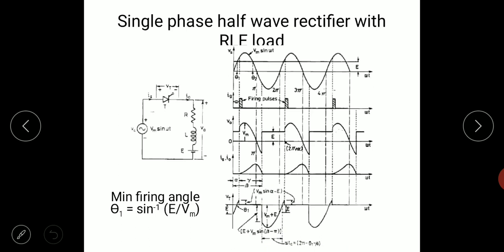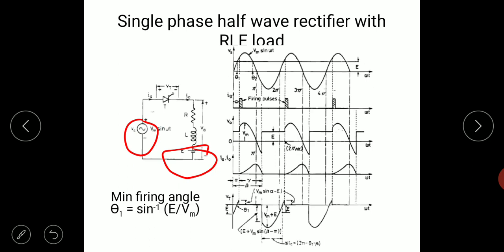So before theta 1 you can see that Vm sin omega t is lower than capital E. What is happening? Before theta 1, Vm sin omega t will be lower than capital E. That means the SCR will be reverse biased. So even if we trigger, the thyristor will not conduct.